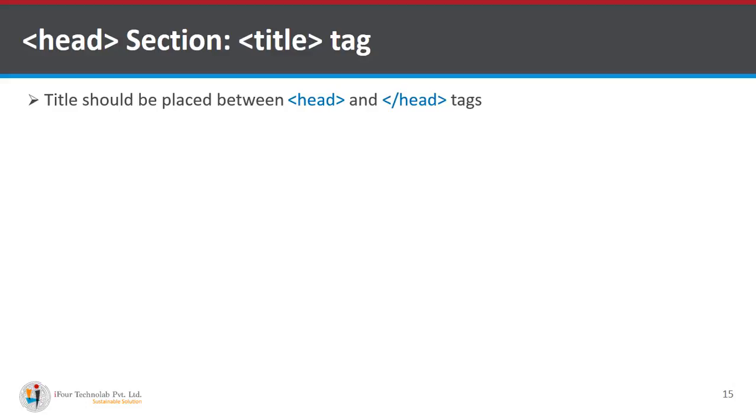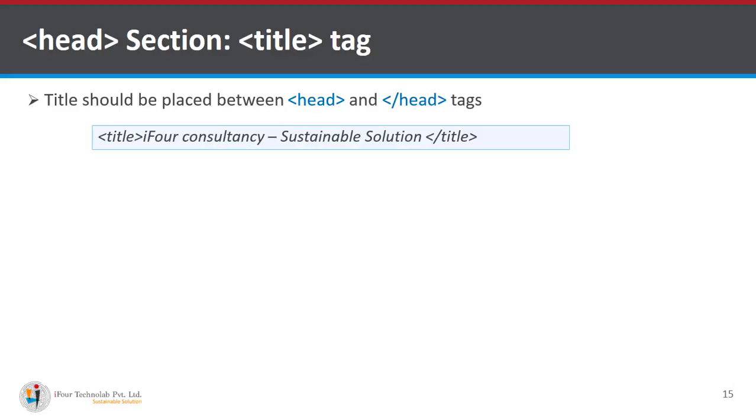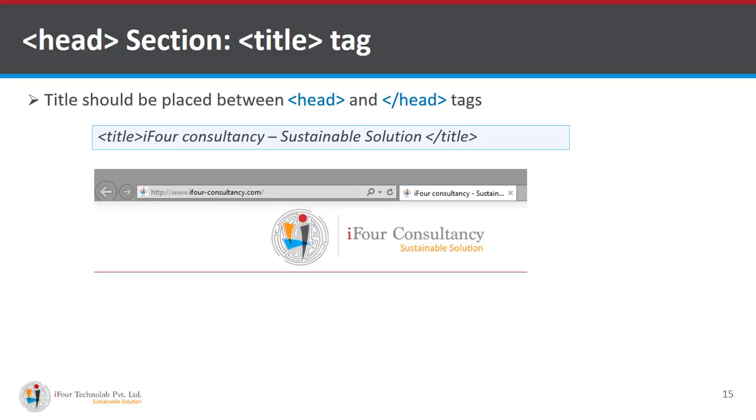Inside the head section there is a title tag, which I already explained. You can see here an example of a title tag. I have written i4 consultancy sustainable solutions inside a title tag, which is displayed on the window of the browser.